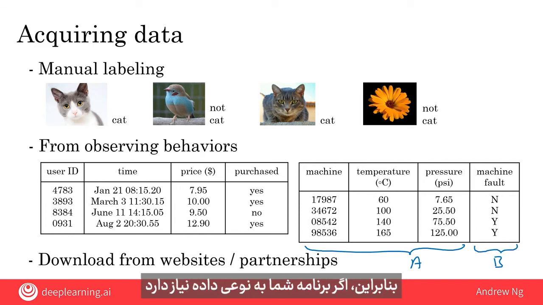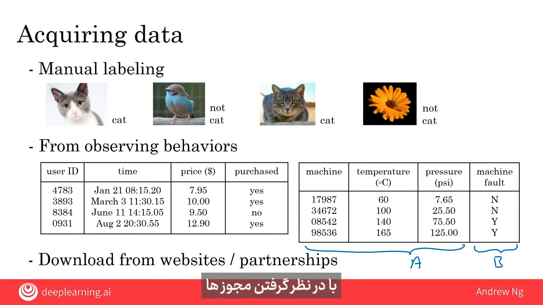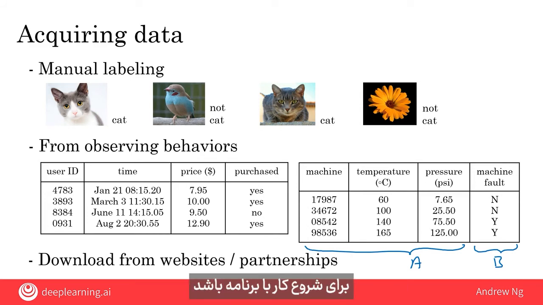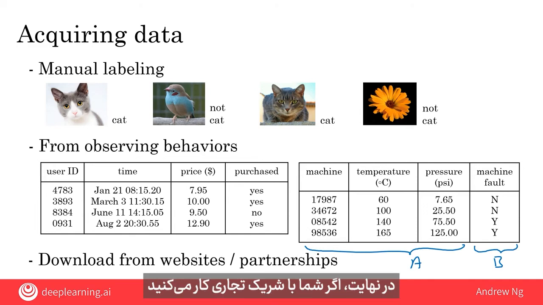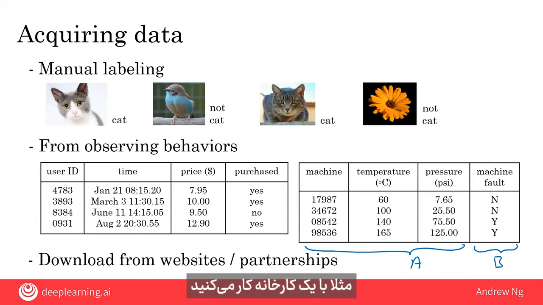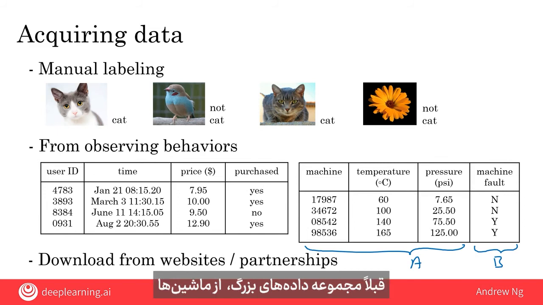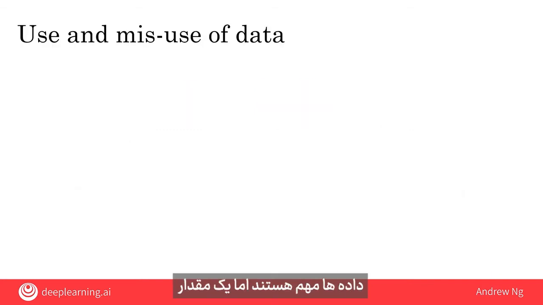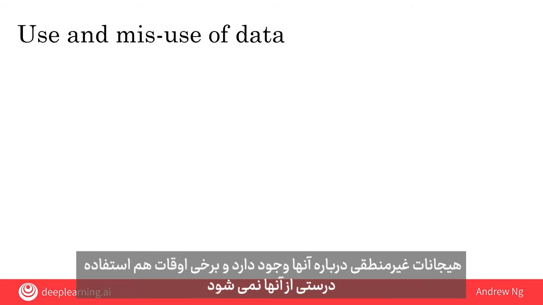And so if your application needs a type of data you can just download off the web, keeping in mind licensing and copyright, then that could be a great way to get started on an application. And finally, if you're working with a partner, say you're working with a factory, then they may already have collected a big data set of machines and temperatures and pressure, and did the machines fail or not, that they could give to you.